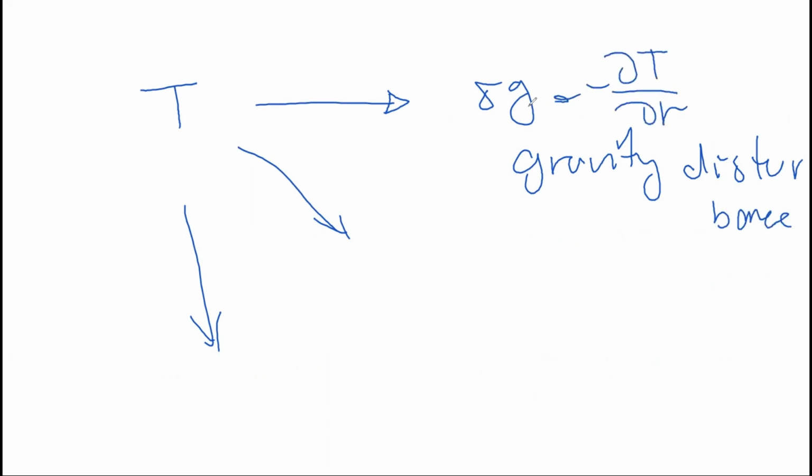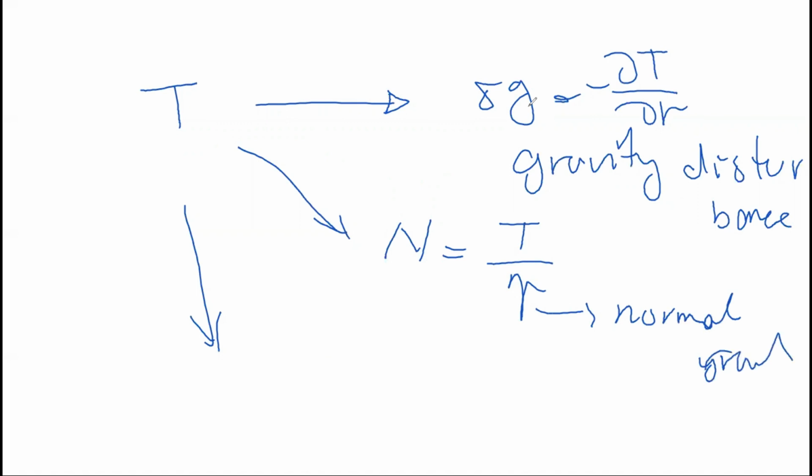It is the first radial derivative of the disturbing potential. We can define geoid, which is T over gamma. Gamma is normal gravity. This formula is called Bruns' formula.